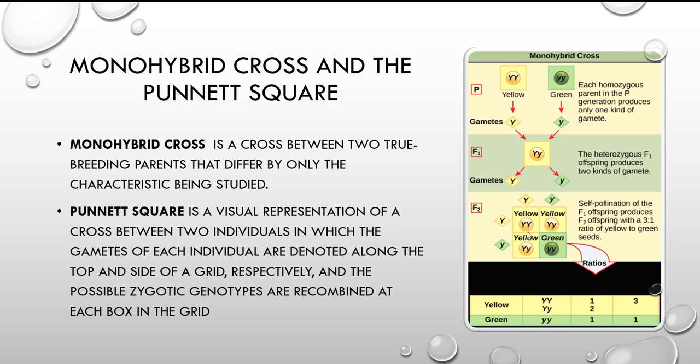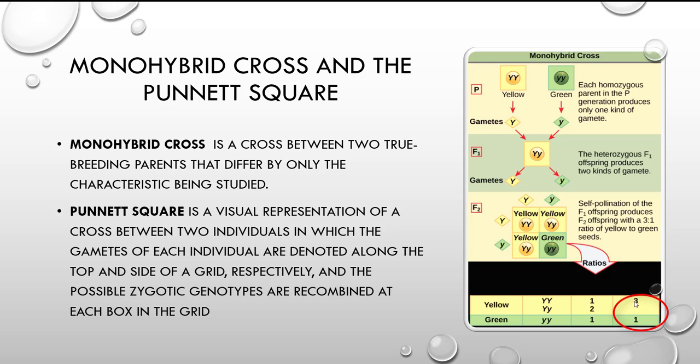So there's a probability that about 25% will be homozygous dominant, big Y. 50% chance of heterozygous, 25% chance homozygous recessive, okay? Or a 1 to 2 to 1 ratio, or you can even think of it as a 3 to 1 ratio for the phenotypes.